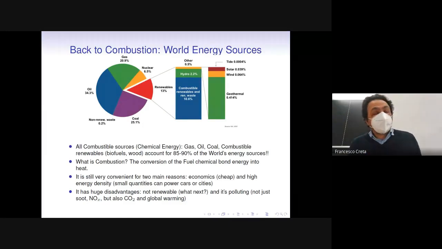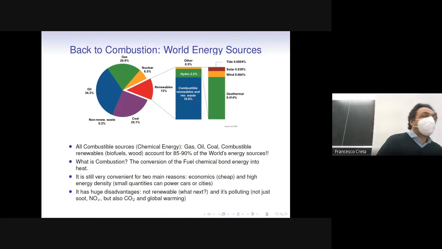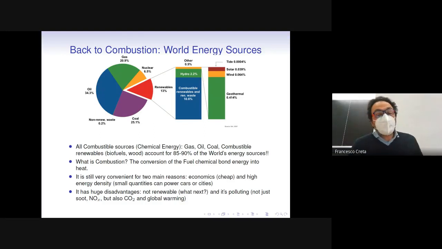What we can do, for example, is use renewable carbon atoms. Carbon atoms that do not come from a natural reservoir, but from a renewable reservoir. Essentially, for example, biomass is one thing, or synthetic fuels.